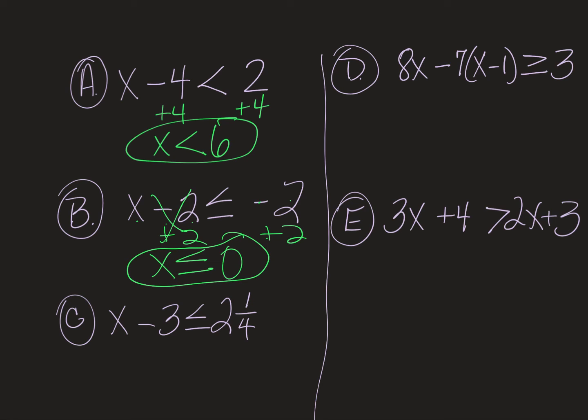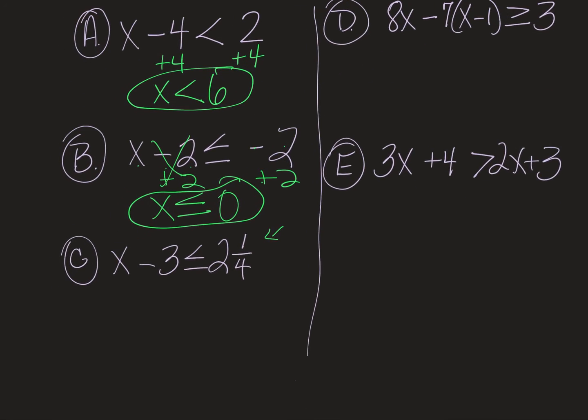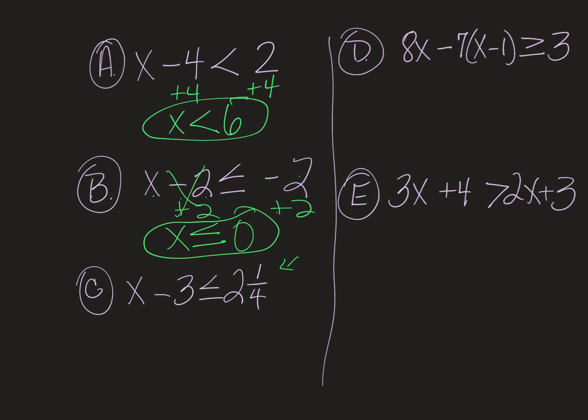All right, in this situation, we have a fraction. Okay, notice the fraction here. I'm just going to move this up so we'll have enough room. You're going to add 3 to both sides. So you're going to have x is less than or equal to 2 1/4 plus 3. You're going to change this to an improper fraction, which would be 2 times 4 is 8, plus 1 would be 9/4 plus 3/1.